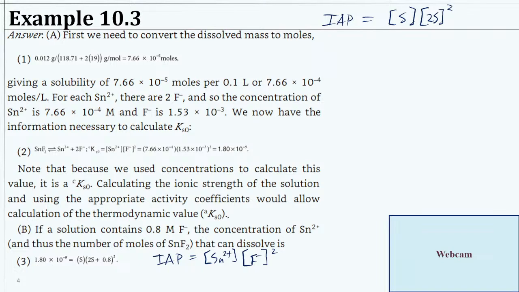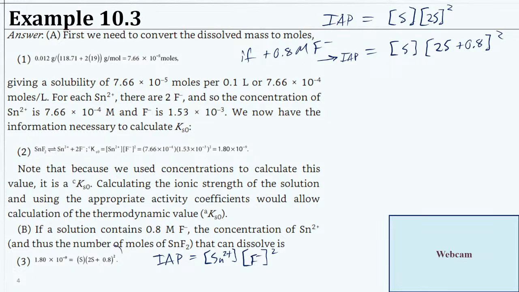So when we do that kind of substitution, we can rewrite this to say if we have plus 0.8 moles per liter of F-, then the ion activity product is going to be equal to S times the 2s that we know is there already plus the 0.8 moles per liter, and square that.